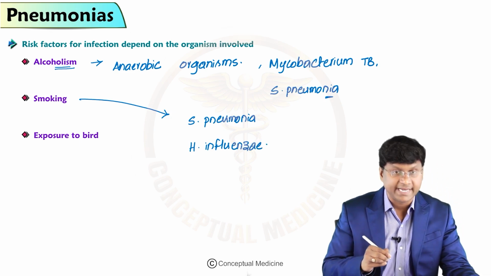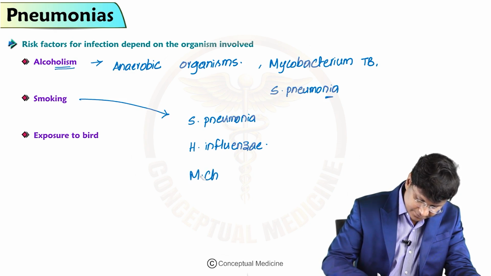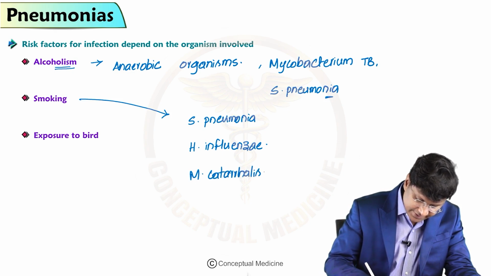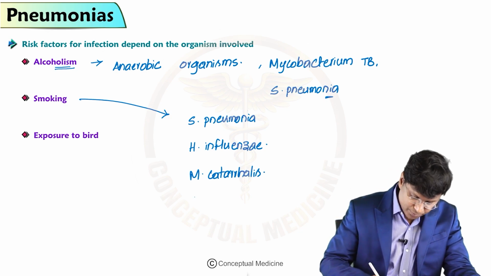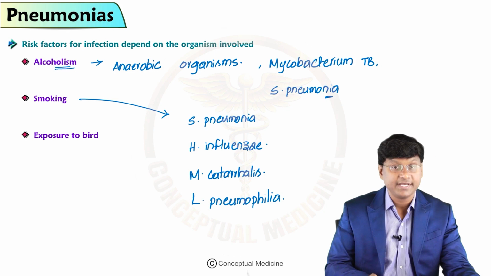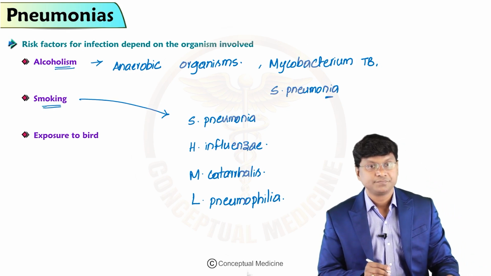Then Moraxella catarrhalis. Then lastly, Legionella pneumophila. So these are the organisms which will cause pneumonia in smokers.